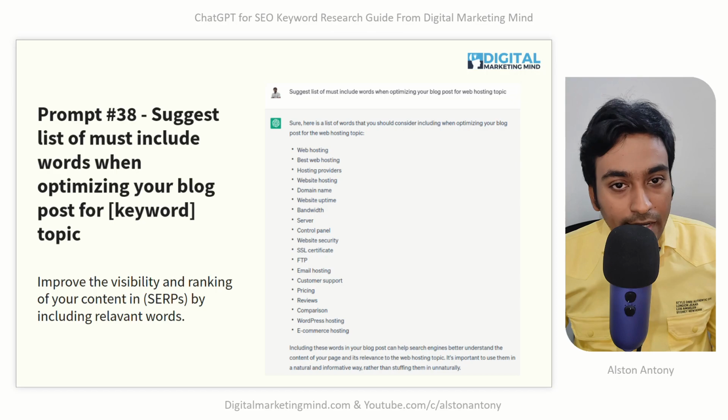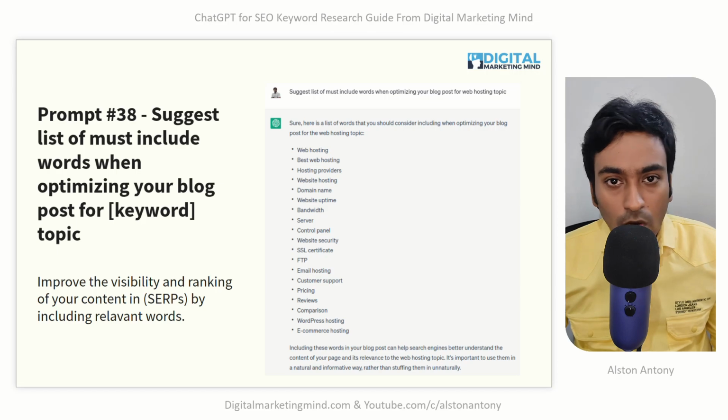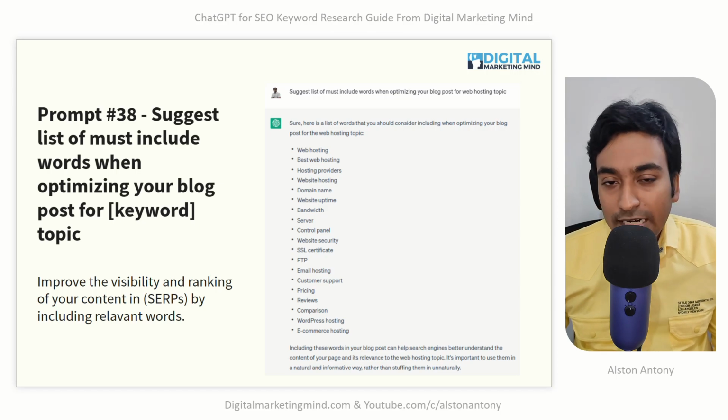When I write this content on this page, in order to be topically relevant and to make sure that I cover all the sections within the article, what are the words or keywords I should be focusing on? Based on the need, ChatGPT will provide you all these things. Also, don't just copy and paste these words into the content. Try to include them as relevantly as possible, when it makes sense or helps the user. So that is prompt 38.